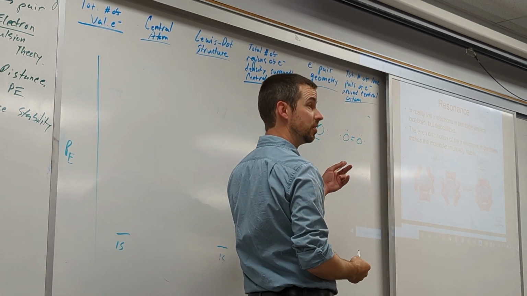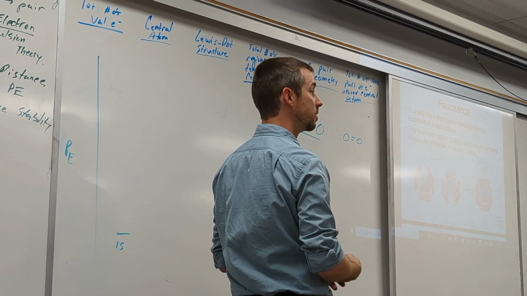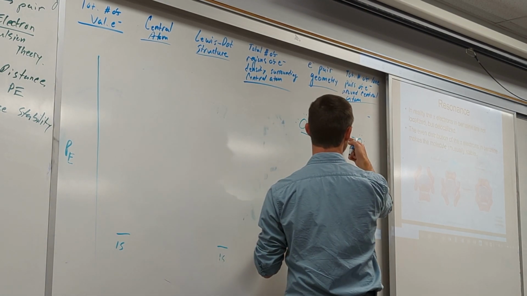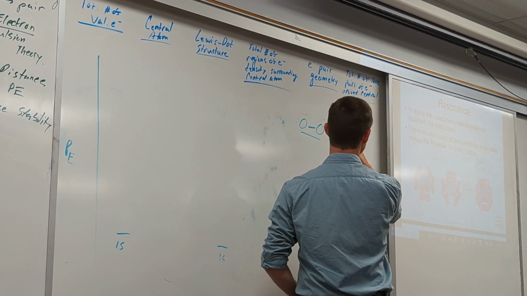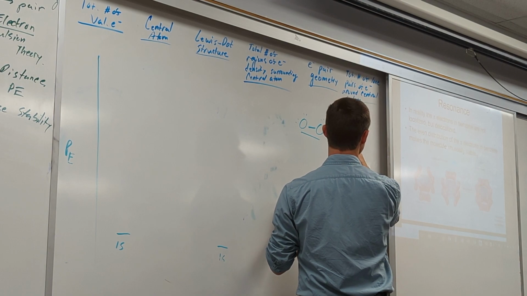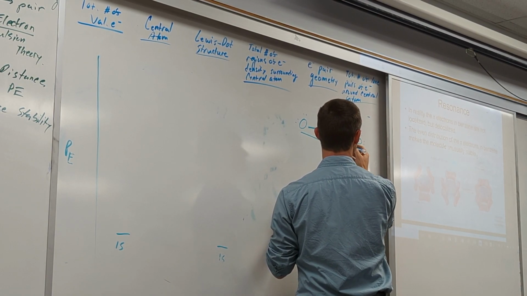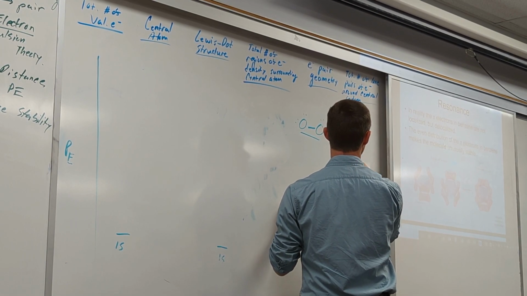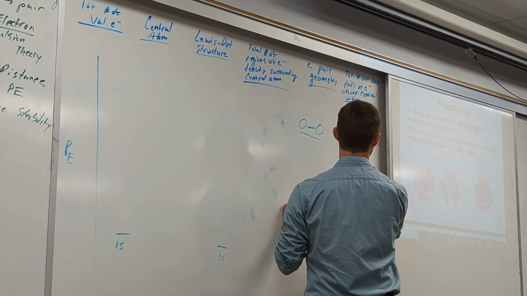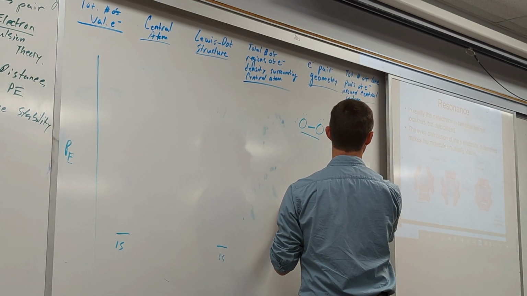That's a prediction. That doesn't mean that's what occurs. Let's calculate the formal charge. Formal charge here: 6 minus 1, 2, 3, 4, 5, 6. 0.